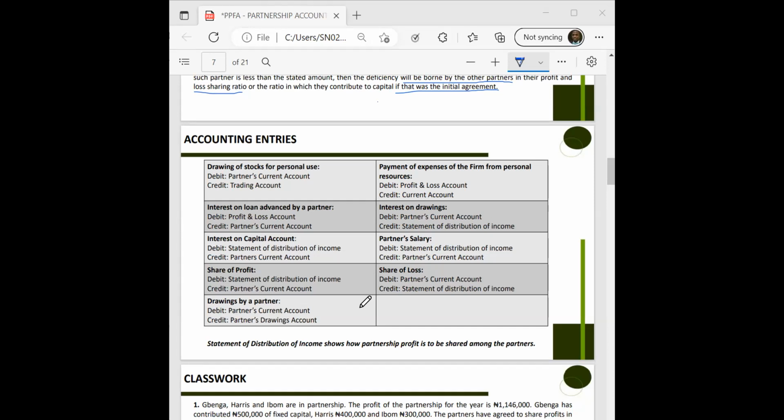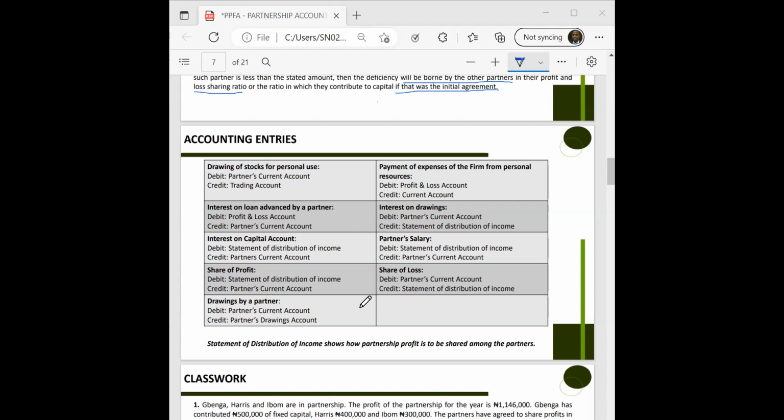When there's interest on drawings, the person takes money from the business, and they are going to charge interest on the money that you took from the business, if that was part of the agreement, you debit the partner's current account and you credit the statement of distribution of income, because it's an income to the partnership firm.